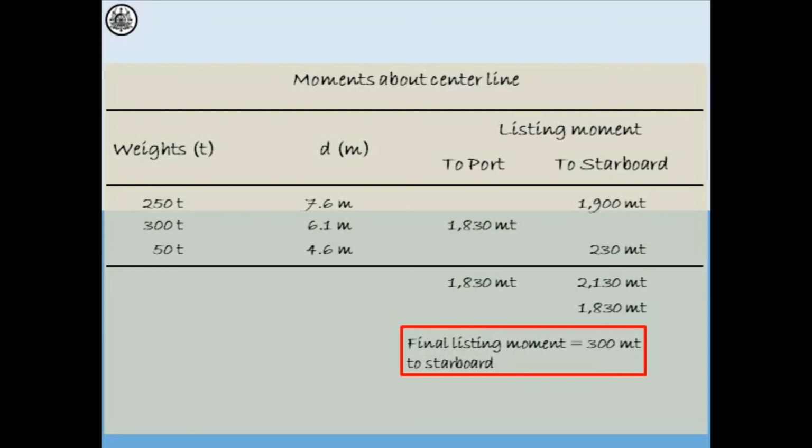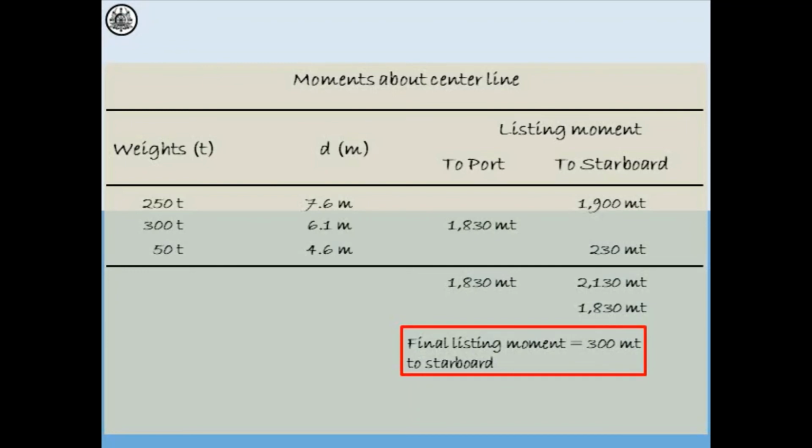Fuel oil of 300 metric tons multiplied by its distance to port, which is equal to 6.1 meters. The result is 1,830 metric tons to port. Ballast of 50 metric tons multiplied by its distance to starboard, which is equal to 4.6 meters.